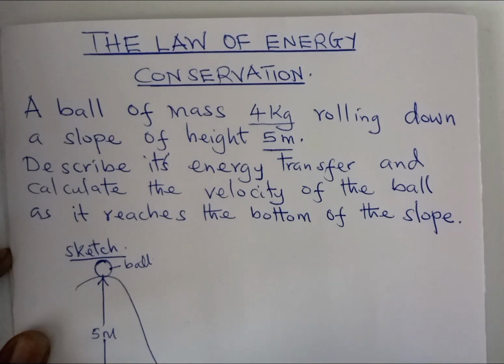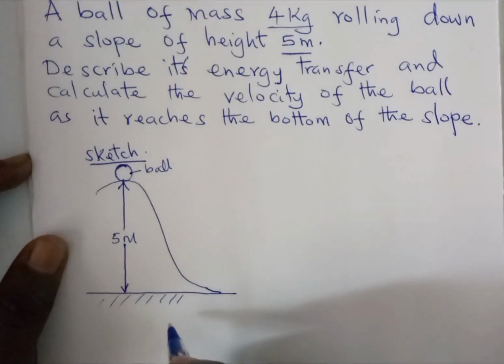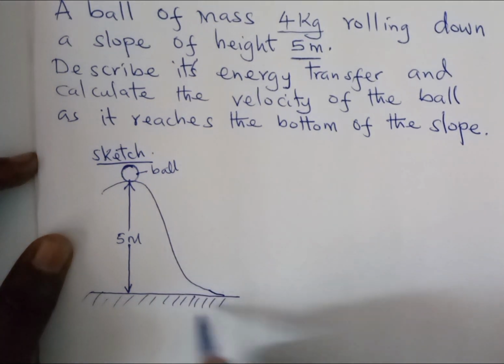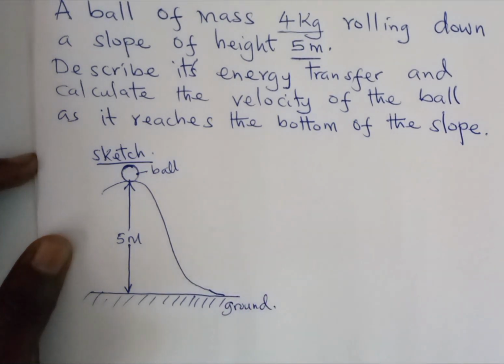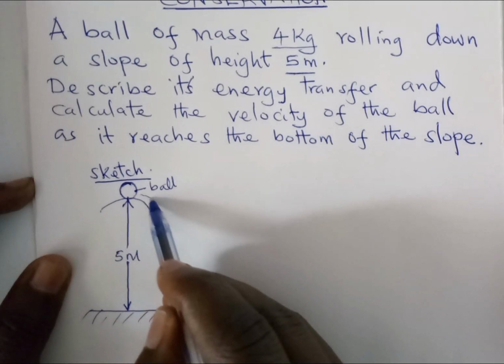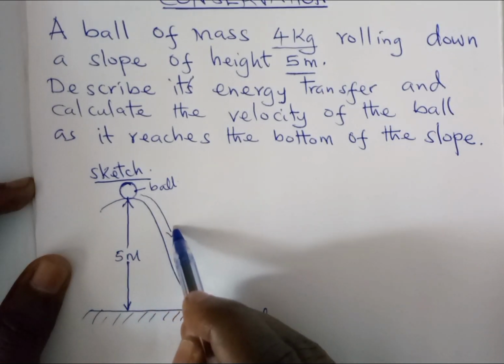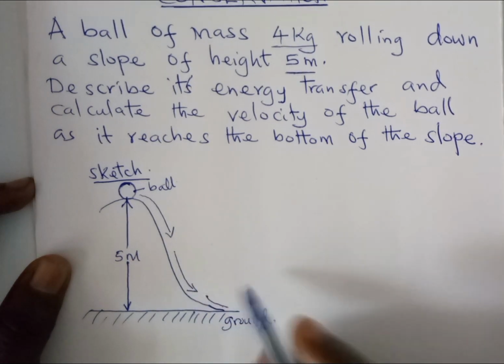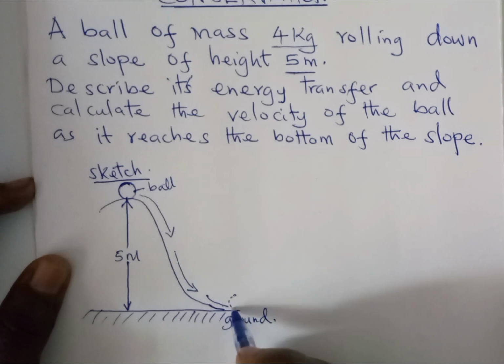This is the ground level. So the ball rolls from this point towards the bottom of the slope. So the ball will be here.